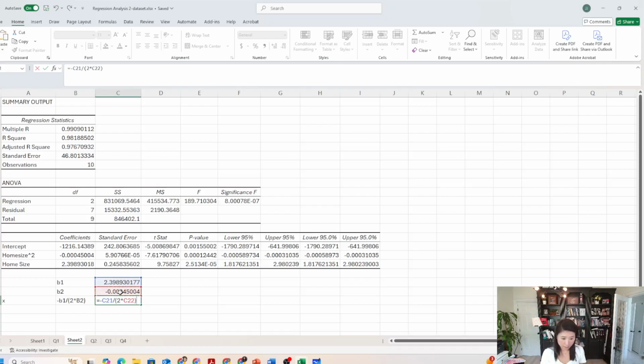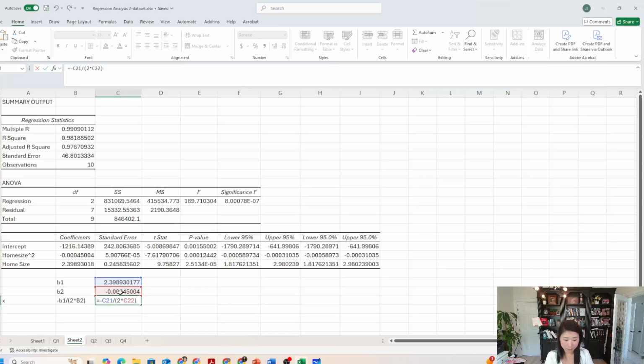Okay, as you can see here, I intentionally included the parentheses. What happens if you don't have parentheses is that the order of the calculation becomes b1 divided by b2, and then you get the number and then times b2. So that, as you know, is incorrect. The 2 times b2 has to be in your denominator. So make sure you don't miss that parenthesis, because if you miss it, your answer will be totally wrong.